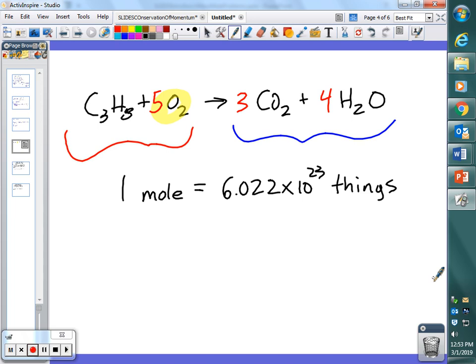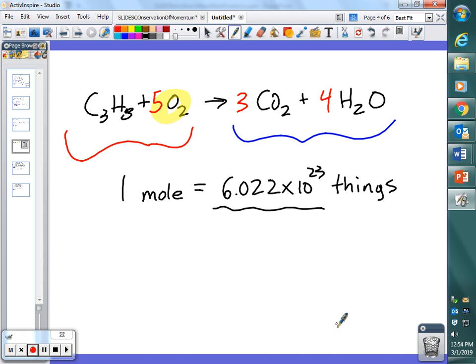So, we can't isolate a single molecule of propane or 5 molecules of diatomic oxygen. But we can, through some calculation and measurement, measure out 1 mole of propane molecules. 1 mole of propane molecules would contain this many propane molecules.